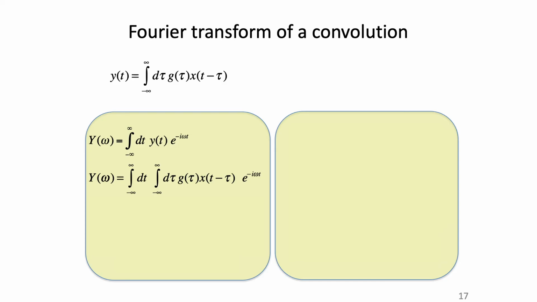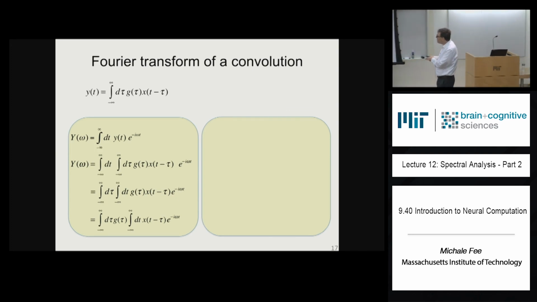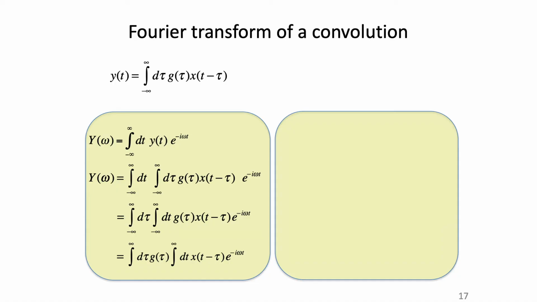All right, now you can see that, okay, so the first step is to reverse the order of integration. We're going to integrate over t first rather than tau. Then we can move the G outside the integral over t because it's just a function of tau, so we pull that out. All right, so now we have an integral dt x of t minus tau e to the minus i omega t.